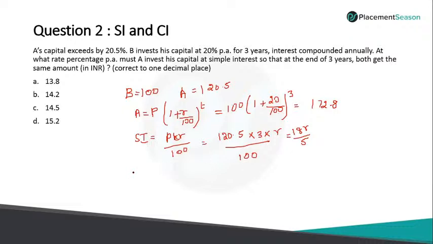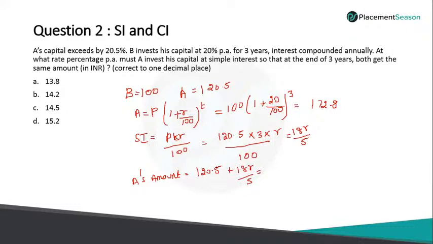The amount for both A and B will be the same. We already know B's amount, which is 172.8, so A also should get the same amount. A's amount is equal to principal plus interest, because it is simple interest. The principal here is 120.5 plus the simple interest we calculated, which is 18 R by 5.